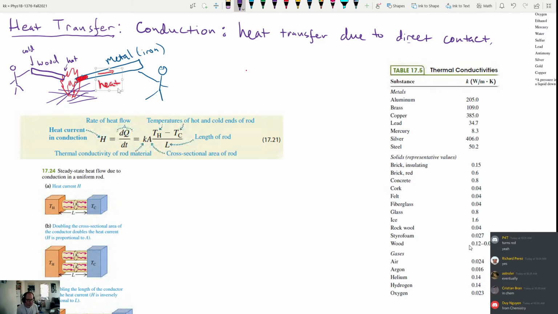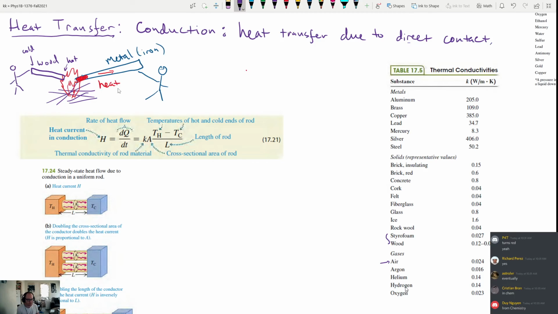I think the smallest numbers on this chart appear to be styrofoam and wood. So it seems like styrofoam might be one of the best insulators, at least that's listed here, until you come down to the bottom. And you notice that gases, like air, are an even better insulator than styrofoam is.